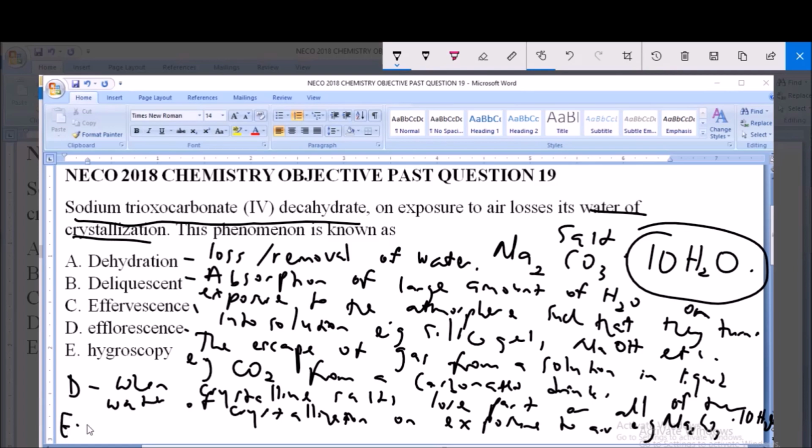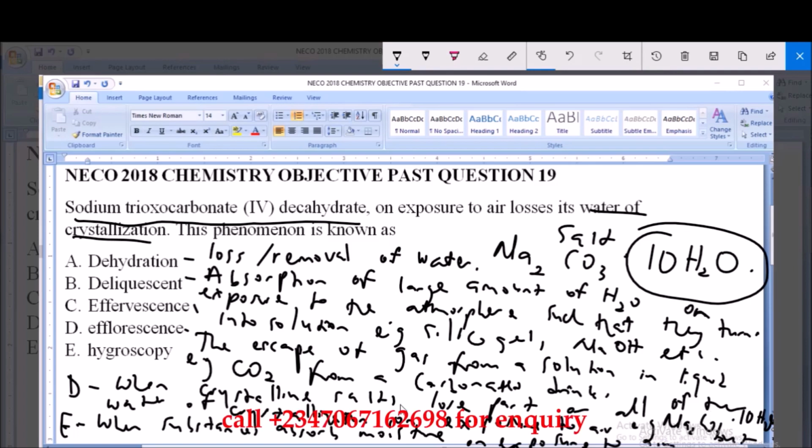And then lastly, hygroscopy refers to when substances absorb moisture on exposure to air but do not form solutions. Instead, they become sticky. An example is quicklime.